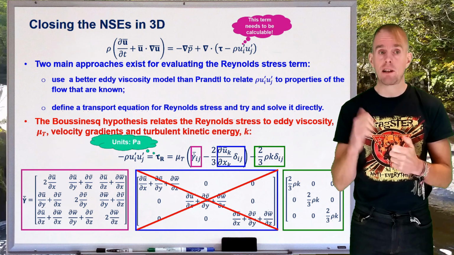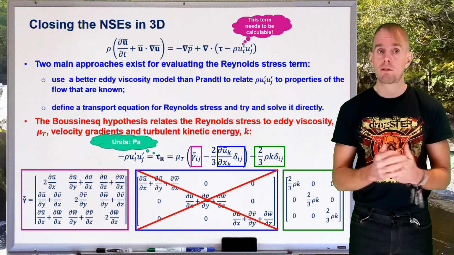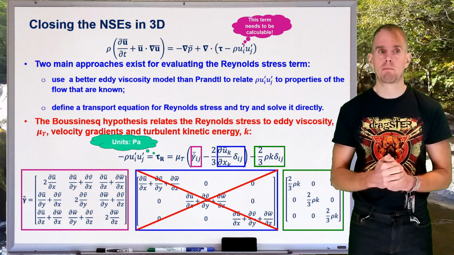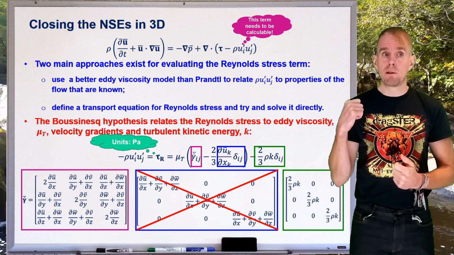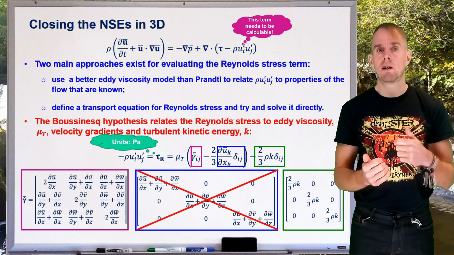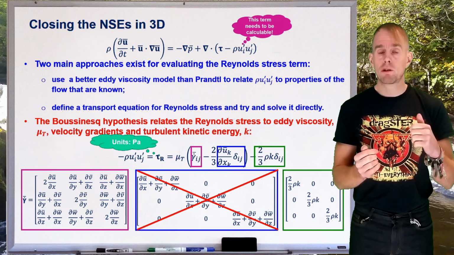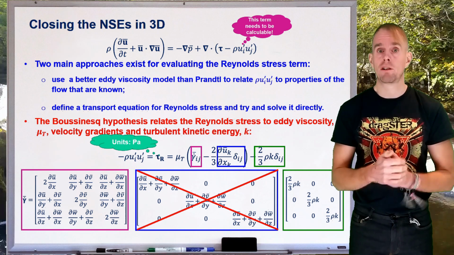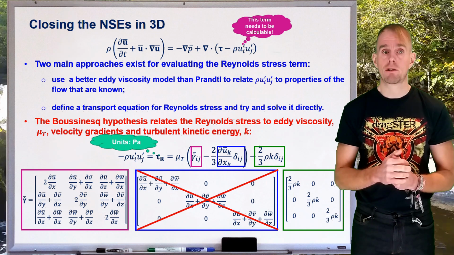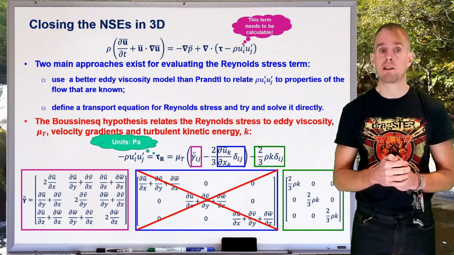And so what that says is that I have 2/3 rho k on the diagonal of the matrix, which is what I've written out there. So this is what the Boussinesq hypothesis states. We can relate my Reynolds stress to my shear rate tensor, to a statement of continuity when that is placed on the diagonal of a matrix, and to another matrix which relates to turbulent kinetic energy k.